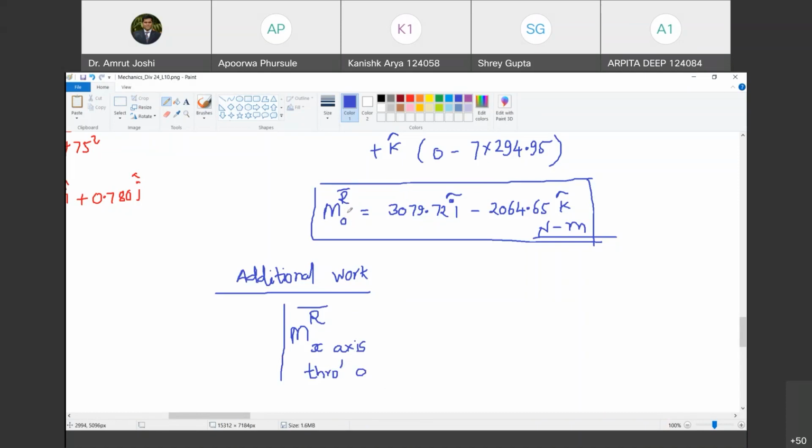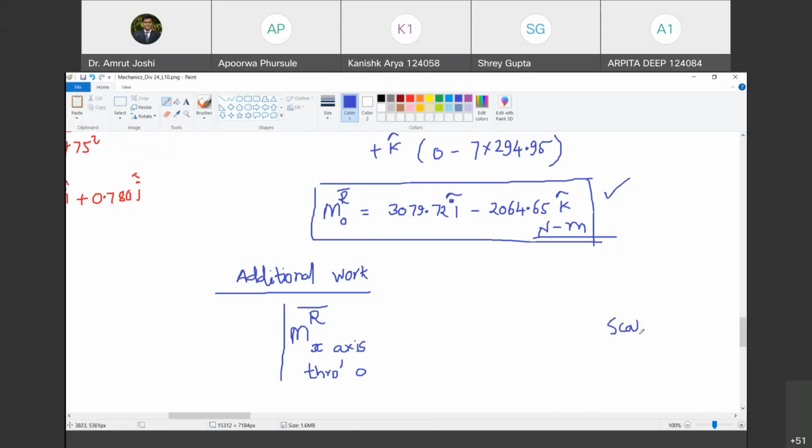See, when the narrative was moment about a point, it had ijk components, so it was a vector quantity. Do you agree with me? Yes, sir. So this moment had three components: about x-axis passing through O, about y-axis passing through O, about z-axis passing through O. But when I say I want moment of R bar about x-axis passing through O, I have already fixed the axis. So this will be a scalar quantity.